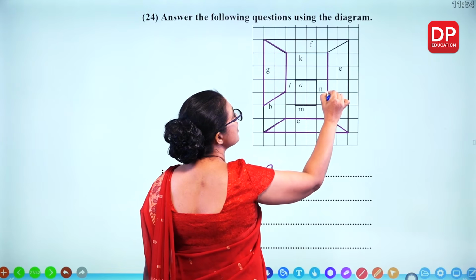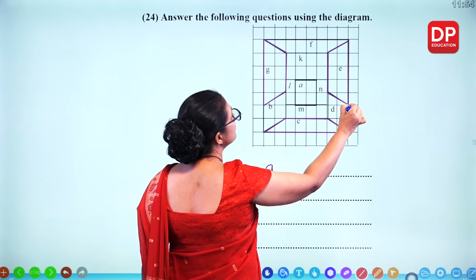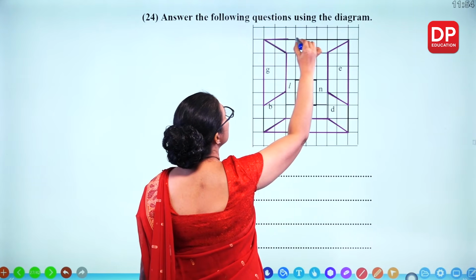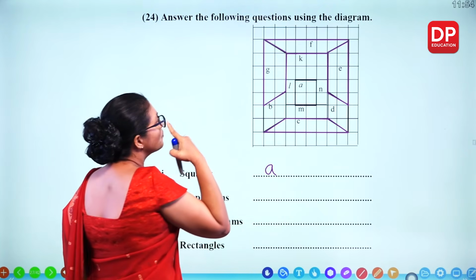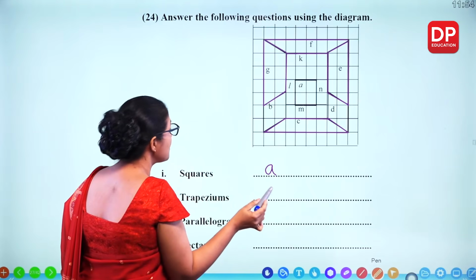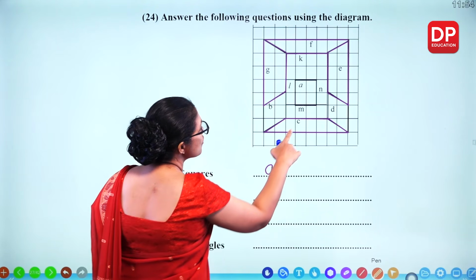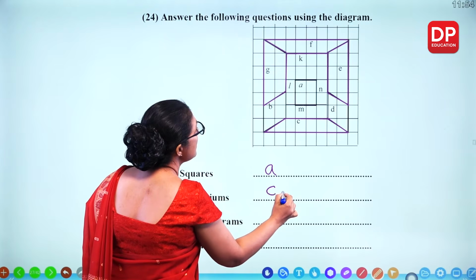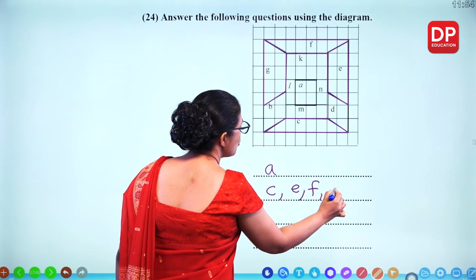Another one here. And here, F is also a trapezium. So those are trapeziums. So I can write what the trapeziums are: C, E, F, G.